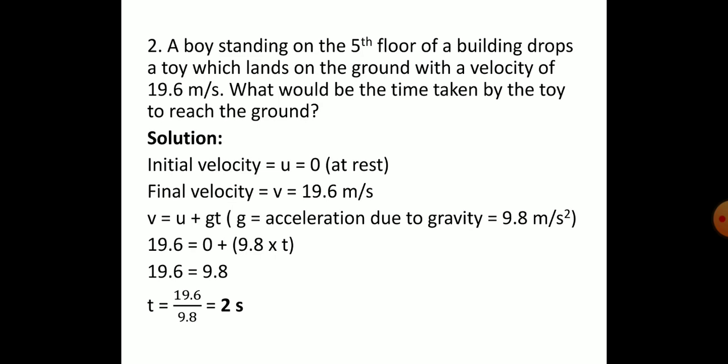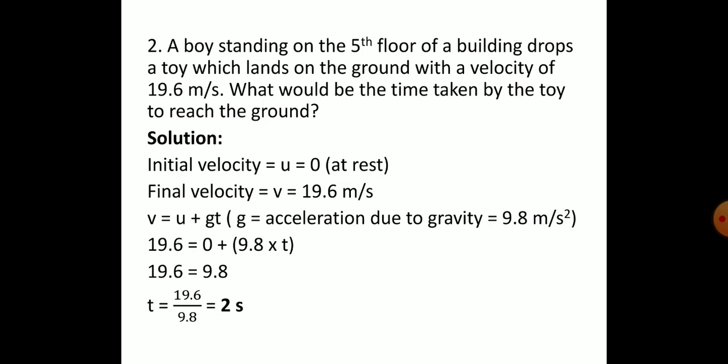So we are going to apply the values in the formula, that is the final velocity 19.6 is equal to 0 plus 9.8 into t. You need to find t, so t is equal to 19.6 divided by 9.8, which is equal to 2 seconds.